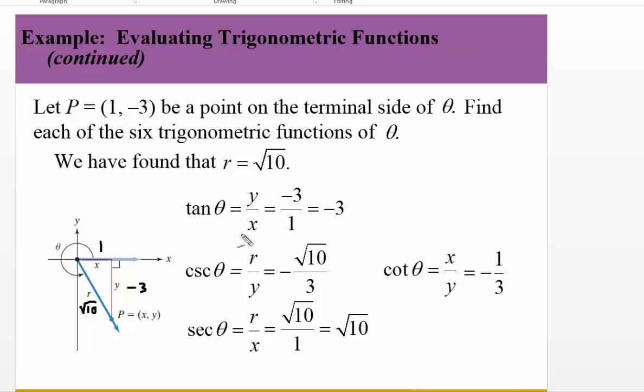All right, and continuing here, the tangent of theta is going to be y over x, which would be -3 over 1. Again, watching those signs, it will reduce to -3. And then just go ahead and take the reciprocal, as we said on the last slide, to get the other ones here. Now, if you take the reciprocal of -3, of course, the cotangent, you'll get -1/3. So there's our first example of evaluating the trigonometric functions.